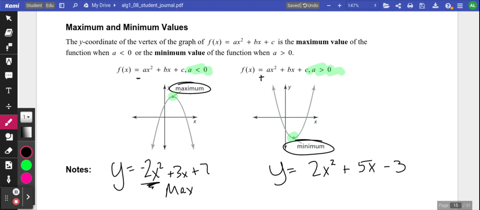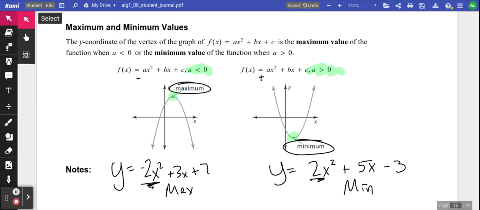You don't care about any other numbers in here. You just care about the a value, and since that's positive, I know I have a minimum. I know that might be a little tricky to remember. That's why I always let you use your student journal. You can go back and reference this page whenever you need it.